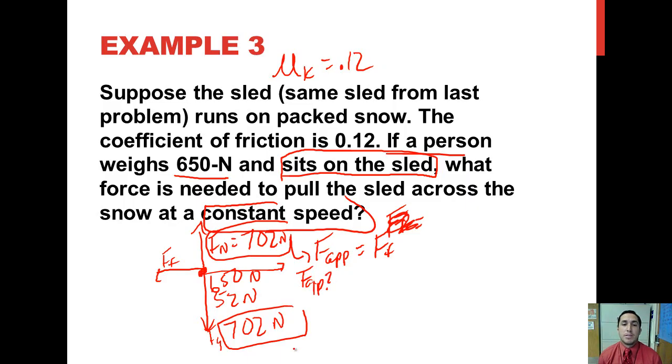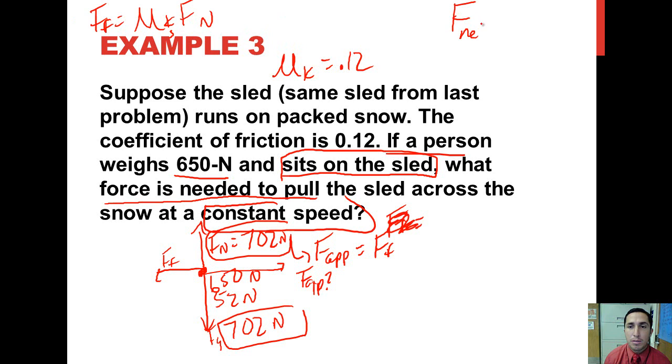So, let's see what we've got to do. We've got to find the force. What force is needed to pull the sled? First equation is friction force is equal to mu k or mu s times Fn. The other equation is F net, usually in the x direction, is equal to mass times acceleration in the x direction. Well, which one of these has this mu k that we can use? The F net or the friction force?